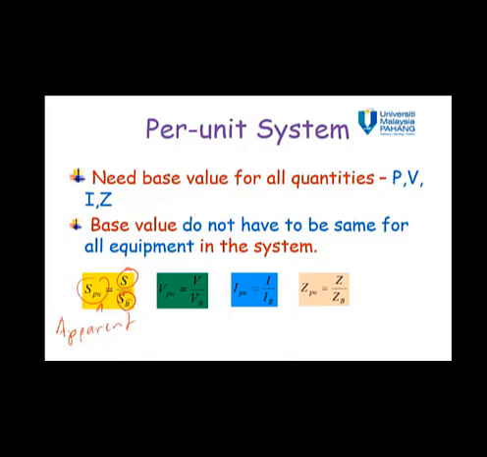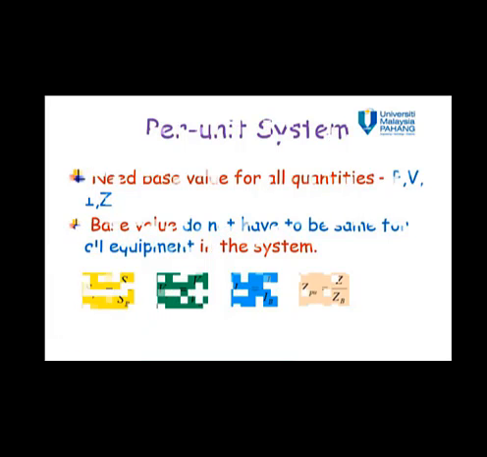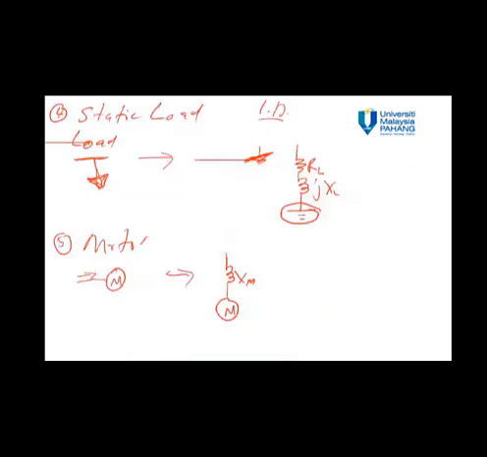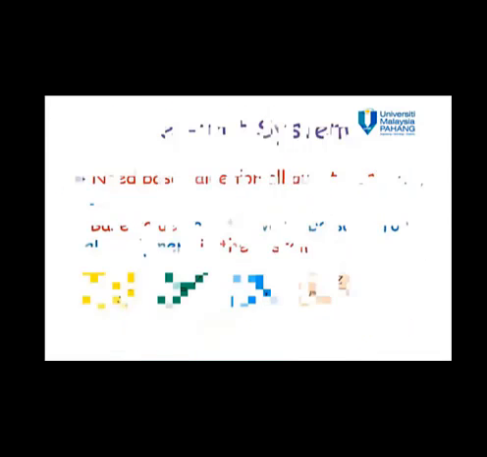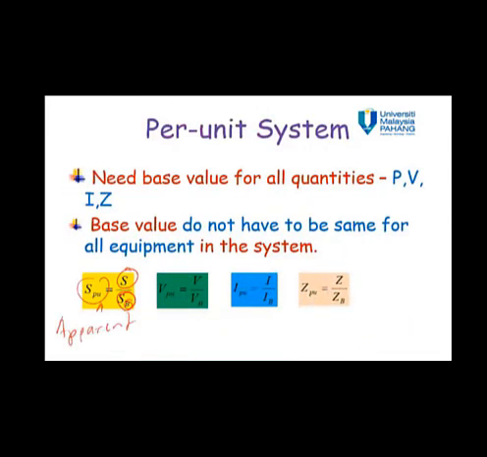B is for base value. Usually, to simplify our calculation, we choose one base. Usually, we will choose S base as 100 MVA.